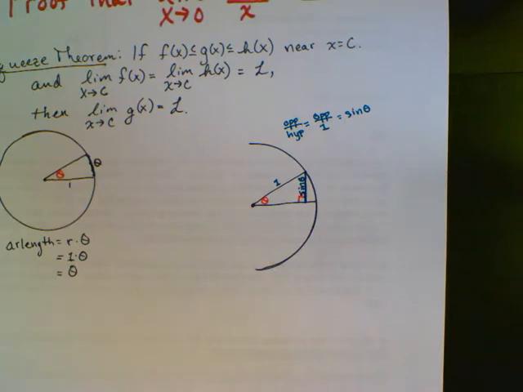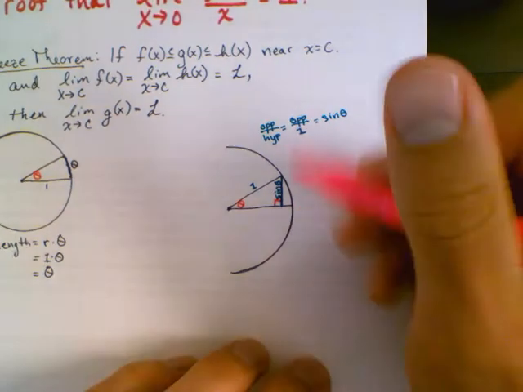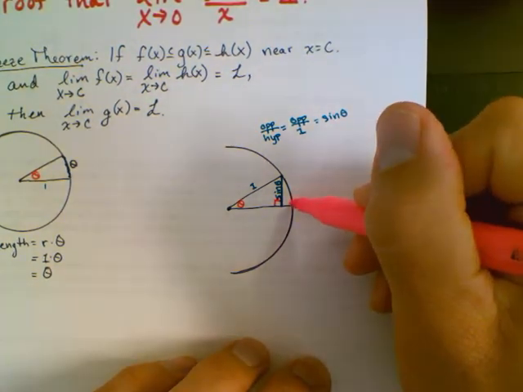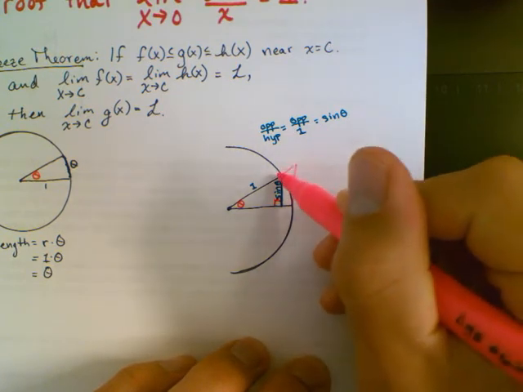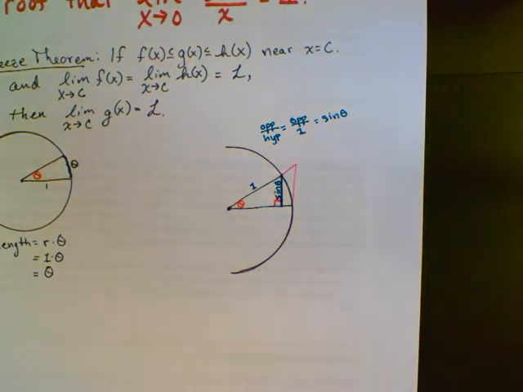Okay, so in order to kind of get this idea down, basically what you're going to want to do is extend this triangle because there's another trig relationship right there that we need to cling on to, okay?